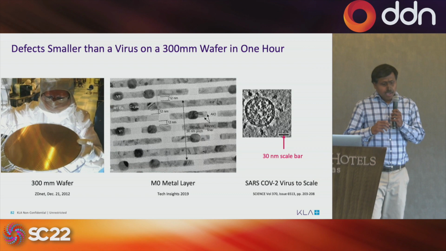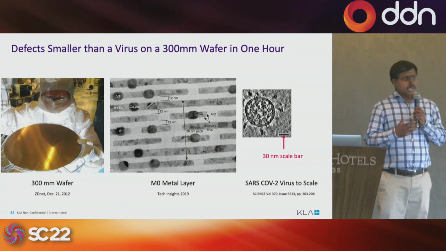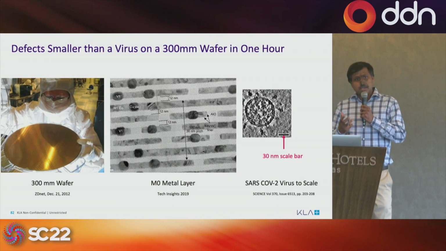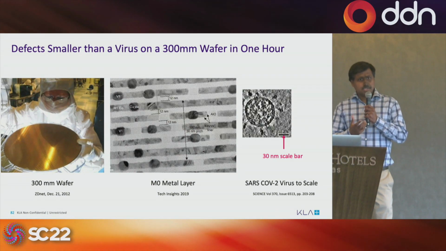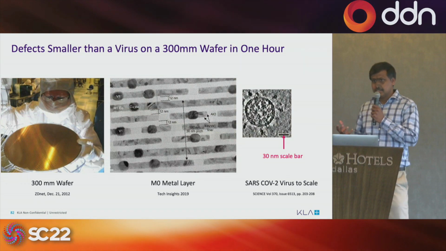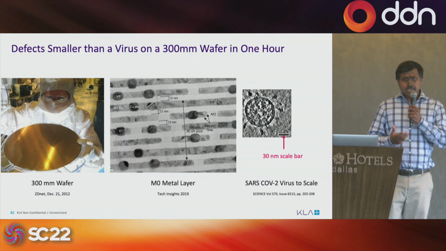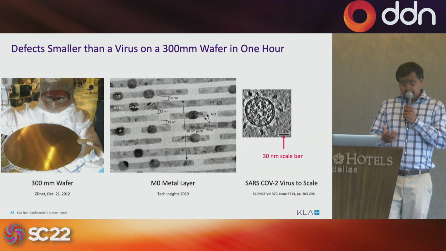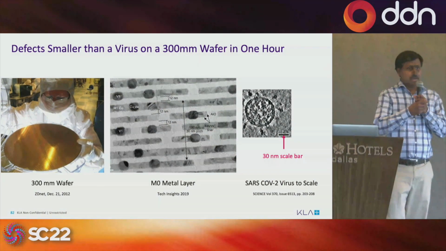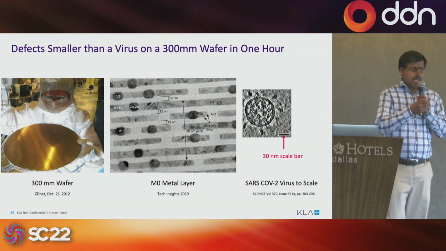So the challenge, the scale and difficulty of this problem: we know the process dimensions that all the chip manufacturers are using these days are below 10 nanometer scale. That means the defects that we are measuring are also at that scale, 10 nanometers or less.